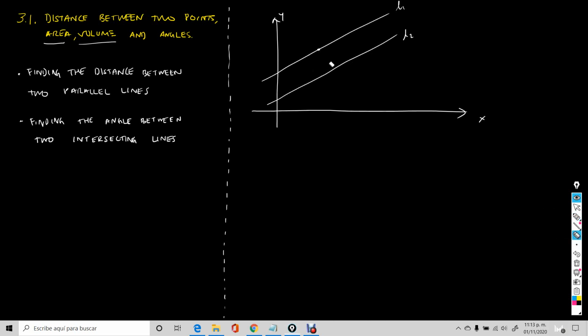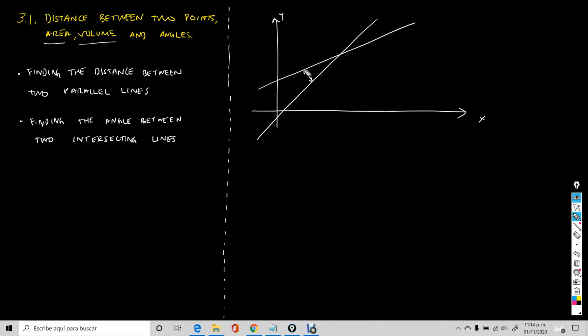And be aware also of another fact. This concept of the distance between two lines is only defined for parallel lines, only parallel lines. Because if we have two intersecting lines, like so, there is no such distance. We cannot really define a concept as distance between these two lines, because what distance am I talking about?